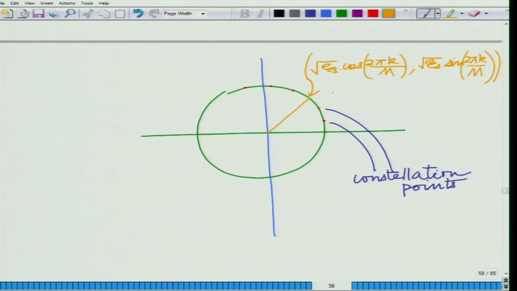And your decision statistic r(t), for instance, let us say lies somewhere over here, which is a combination of R1 and R2.